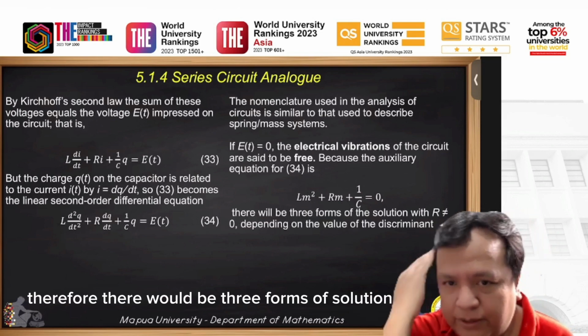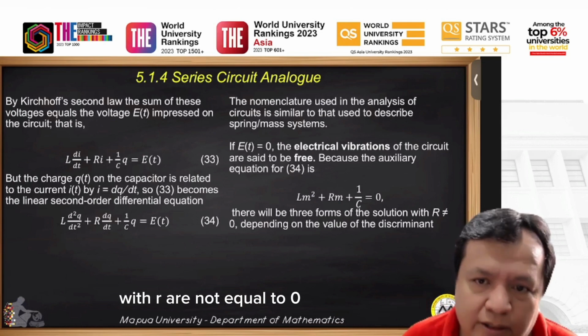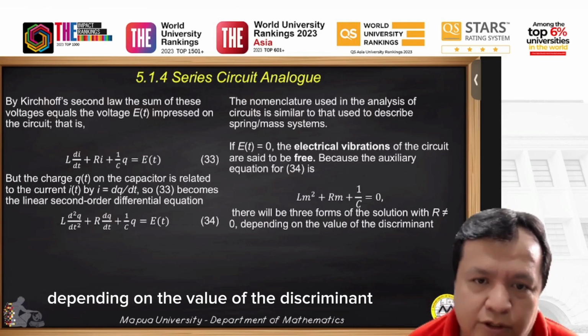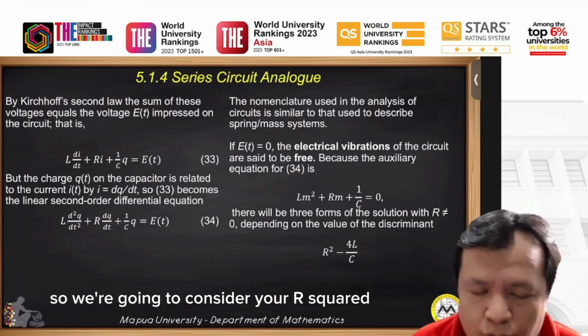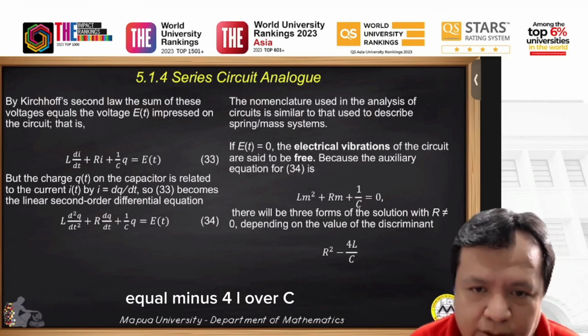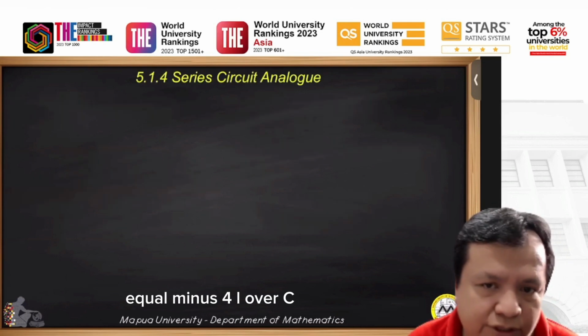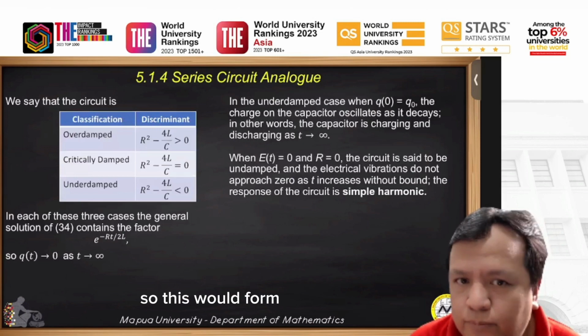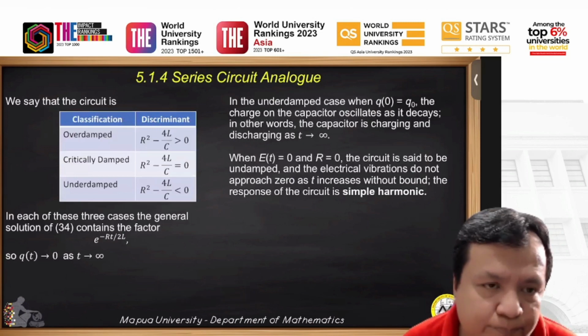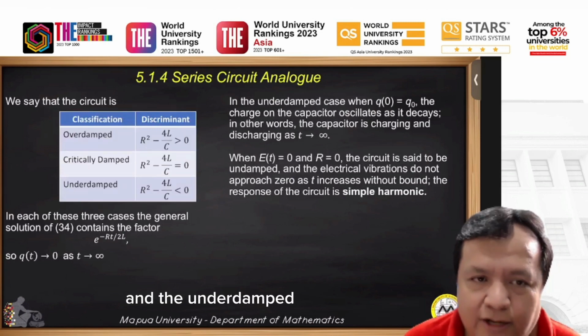Therefore, there would be three forms of solution with R not equal to 0, depending on the value of the discriminant, R squared minus 4L over C. This gives the overdamped, the critically damped, and the underdamped cases.